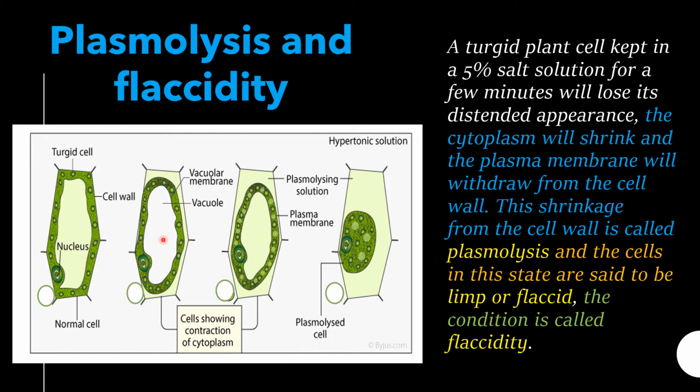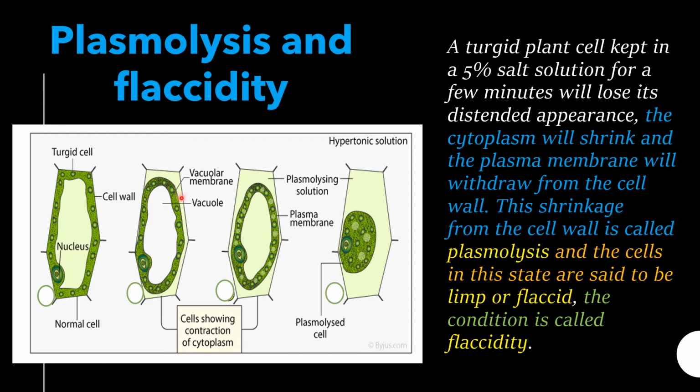appearance. Then here you can see the cytoplasm will shrink and the plasma membrane will withdraw from the cell wall. This is the cell wall. Yes, the plasma membrane will withdraw. Very important. Yes, the plasma membrane will withdraw from the cell wall and the cytoplasm will shrink.